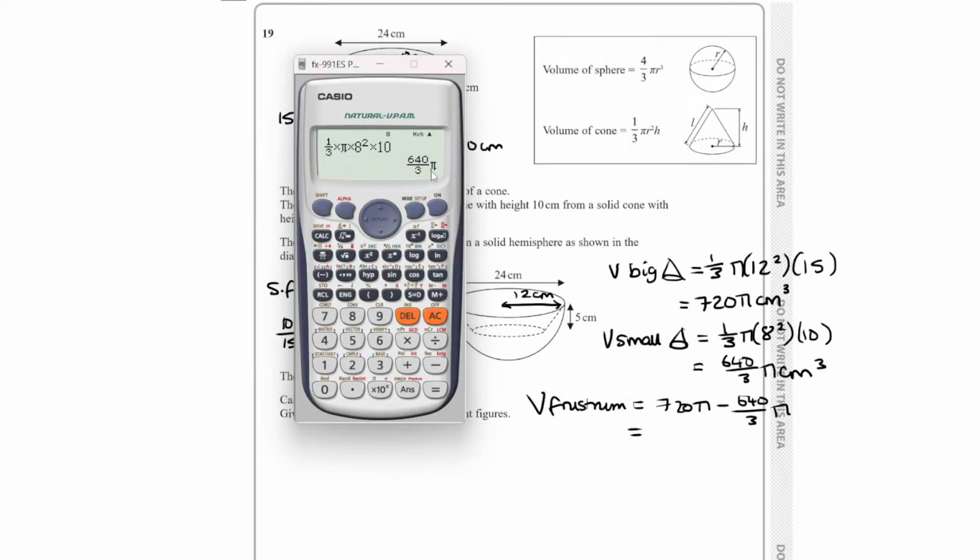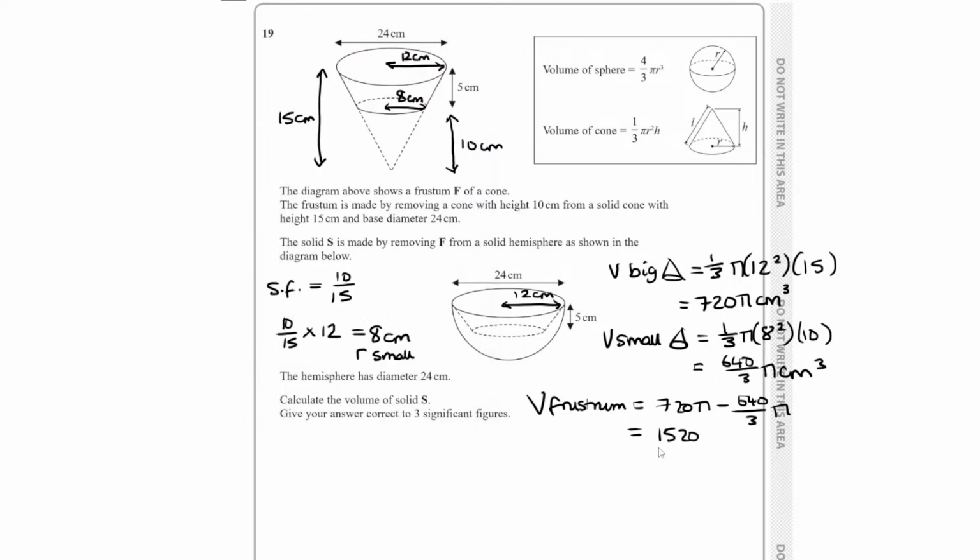So my answer is still there, so I'm just going to copy the answer. 720 pi minus answer. Make sure your previous answer is correct if you're doing that. Again, put it in terms of pi because we're still not at the end. 1520 over 3 pi. Okay, so that's the volume of the frustum.